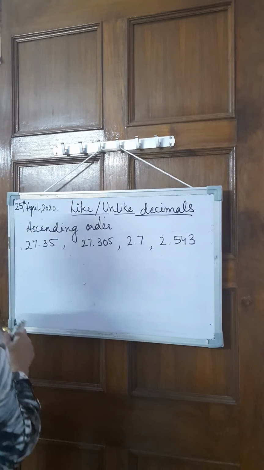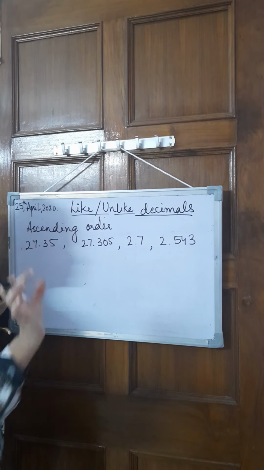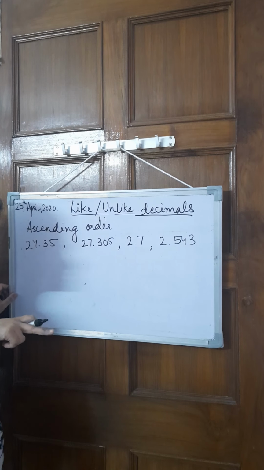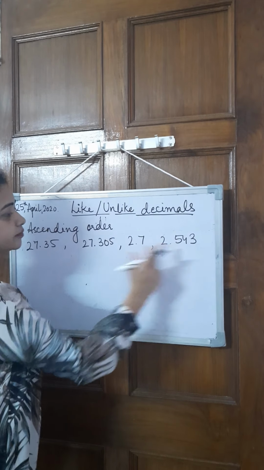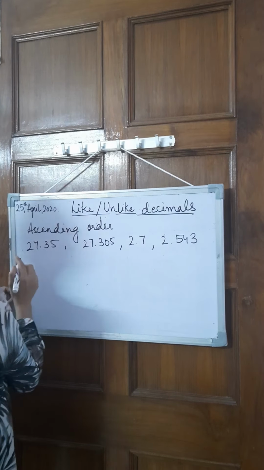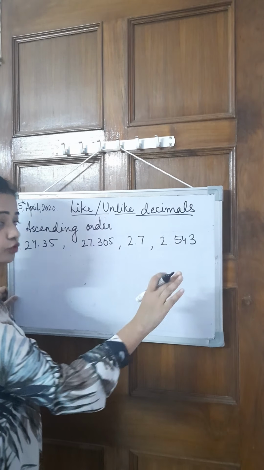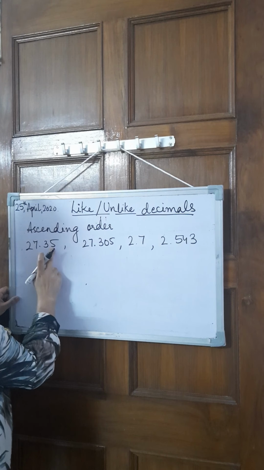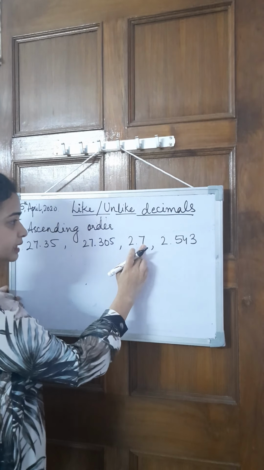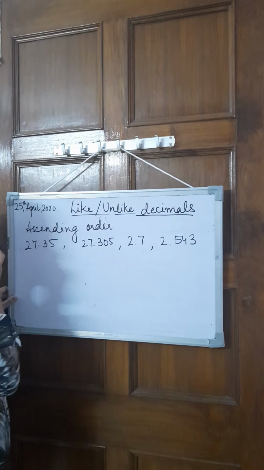Very good. So the first thing that we do, as we have done in the previous part, is convert them to like decimals. So let's first check the maximum number of places up to which I have to put the 0. 2 places, 3 places, 1 place, 3 places. See one more time.